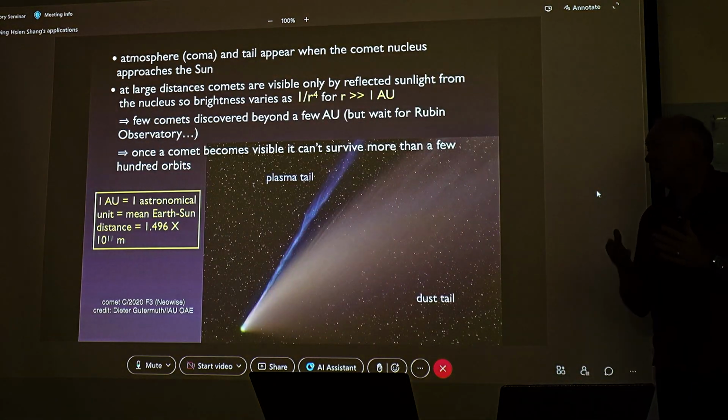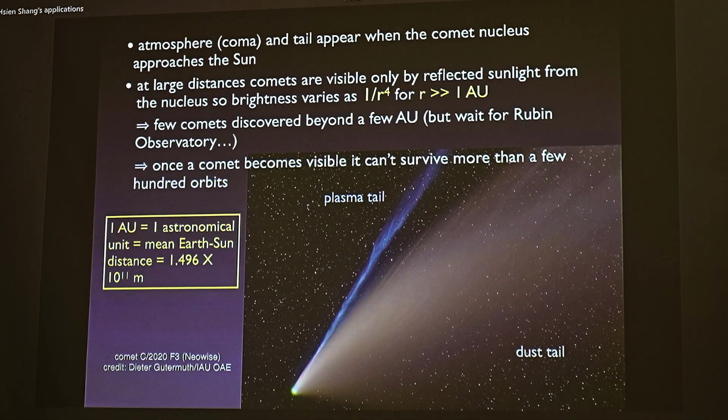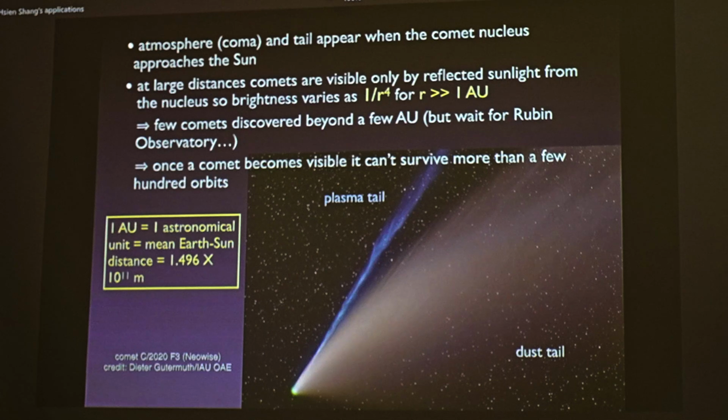The reason we see comets is that as they approach the sun, they start to evaporate material. As they evaporate material, they produce a coma, that is an optically thick atmosphere, and a tail of material streaming away from the comet. In fact, the comets produce two tails.